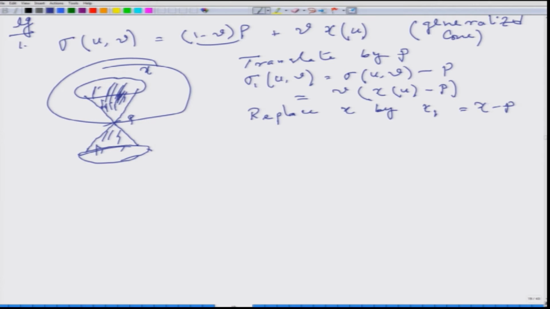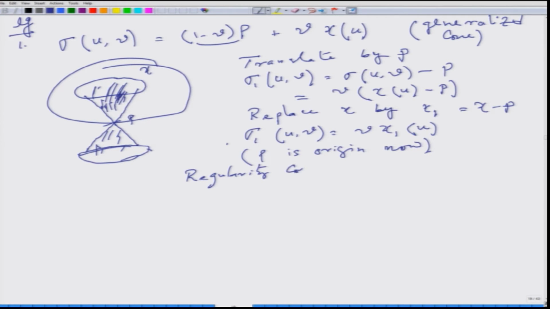So, we can have sigma 1 u v is actually v into gamma 1 u. So, now in this surface P is the origin after translation, right. And I must know that gamma must not pass through P. So, we put in the regularity condition.